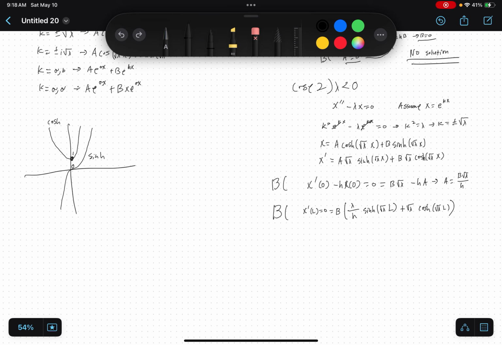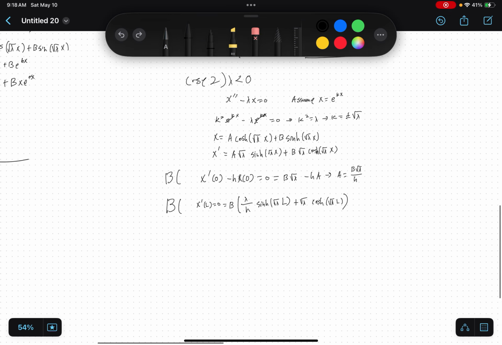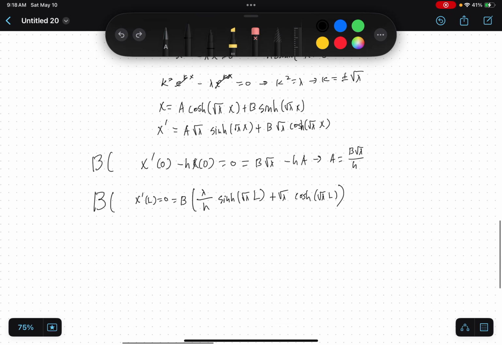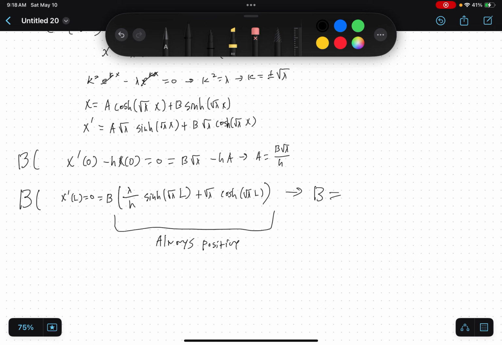I said that it's always positive. I said that this term's always positive, so b has to equal 0 in order for this whole thing to equal 0.